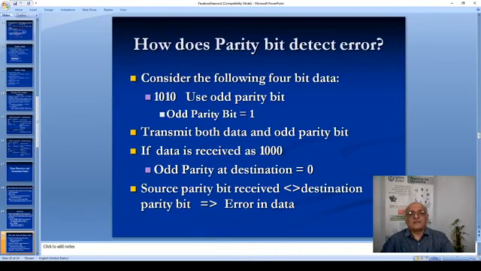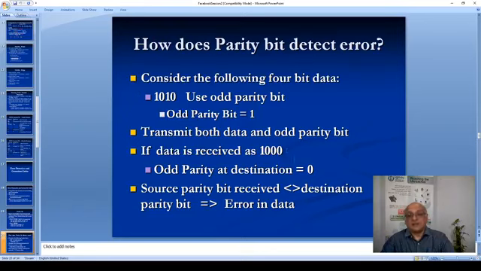So if I say 0, 1, 0, 1 with odd parity, my data becomes 1, 1, 0, 1, 0. We transmit both the data and the odd parity bit to the receiver side, and suppose it is received as 10001, and obviously the parity bit has not changed and is 1, then there is a 1-bit error.